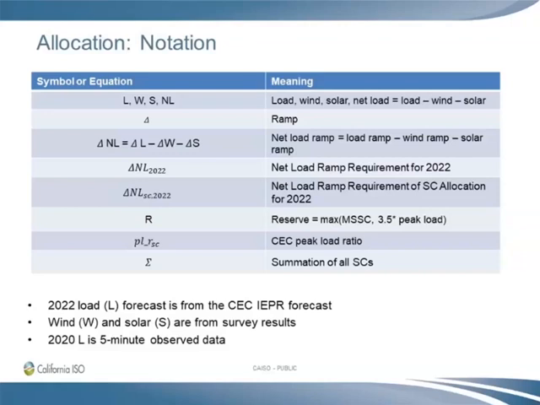We use this CEC peak load ratio to slice the pie of the reserve. That's the easiest part of all the allocation. The last is the summation of all the LSEs or SCs. So we have this 2020 load from the CEC. Then we have the survey, that's our source for this proportion. Then we have the CEC peak load ratio. Next slide, please.